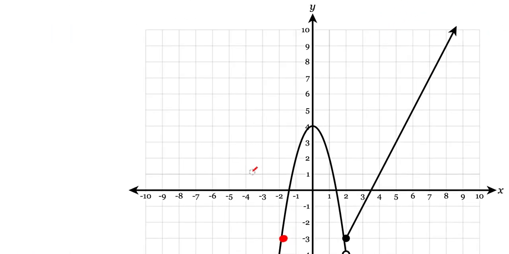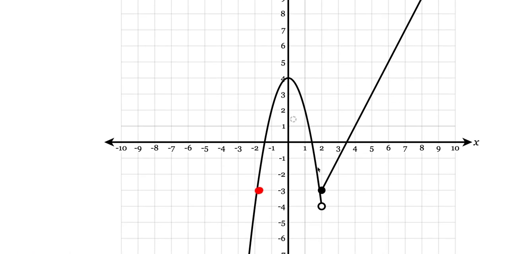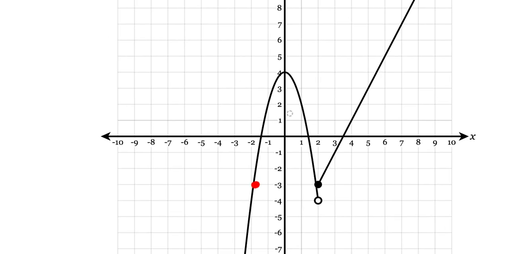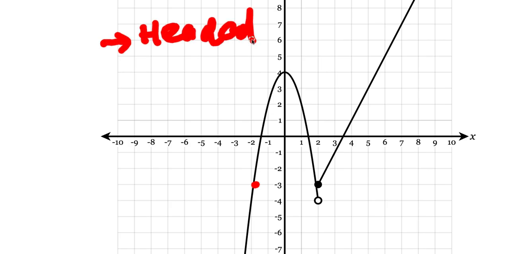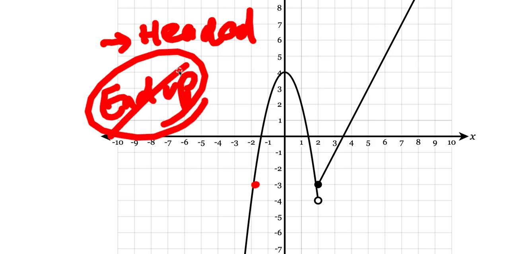And the thing that you should know is that limits are about where you're headed, not where you end up. Okay? So as we stay on the function f of x, headed toward an x of 2, we are headed toward a y of -4.